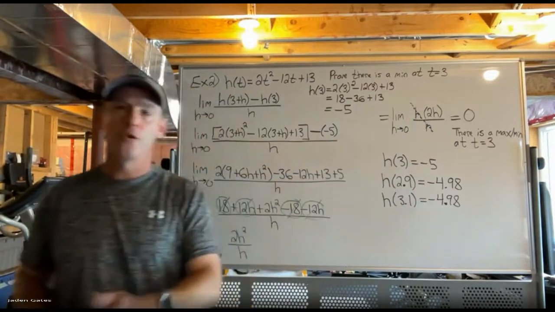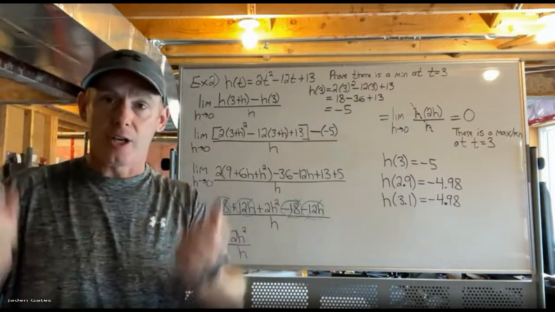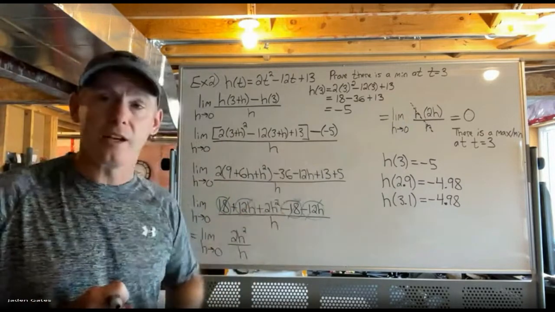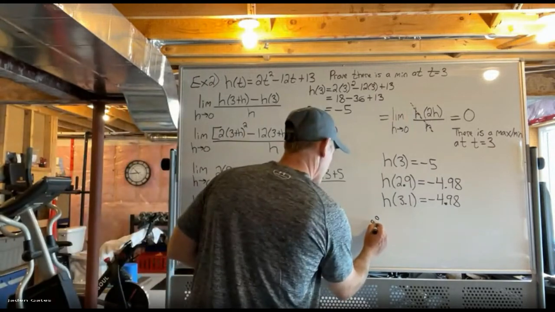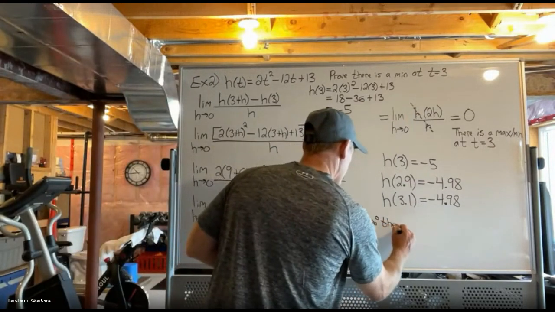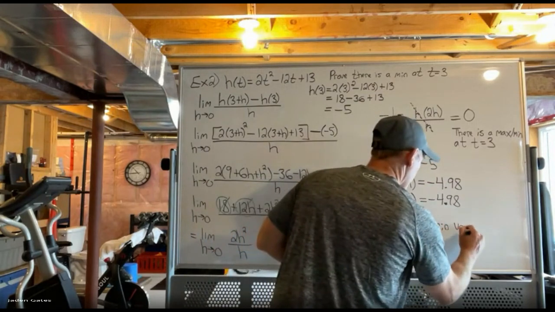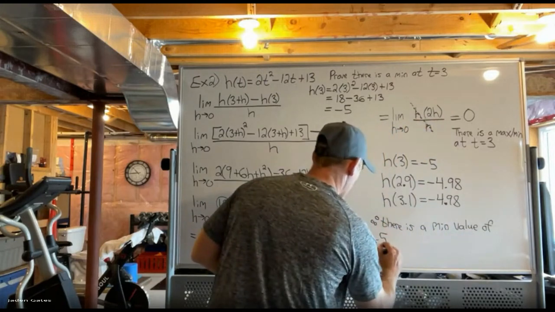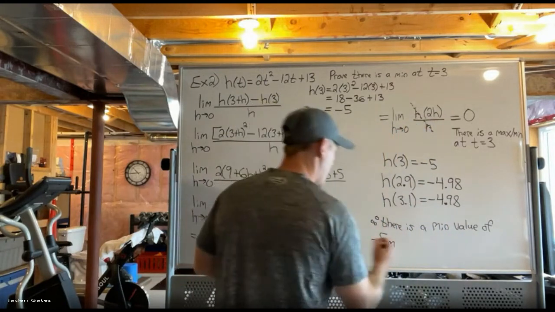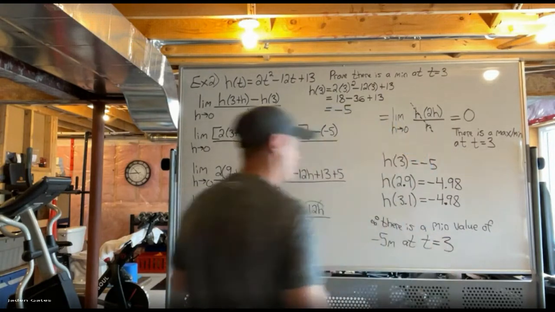So we just proved that any value around h of 3 is higher. It's bigger. It's less negative, not as deep. And so therefore, there is a min value of -5 meters, so that's the depth, at t equals 3.